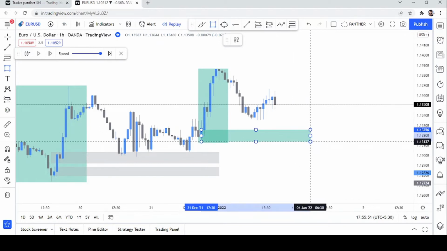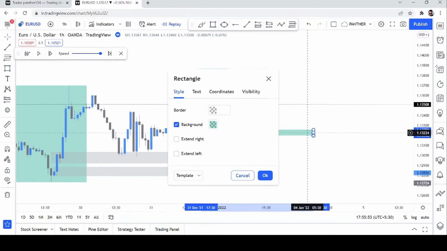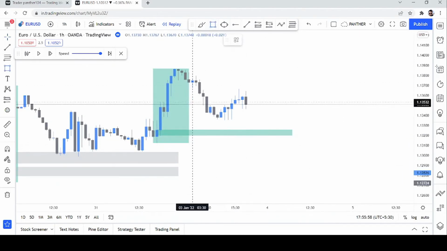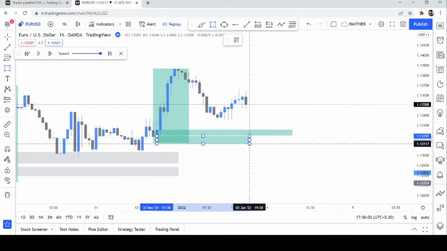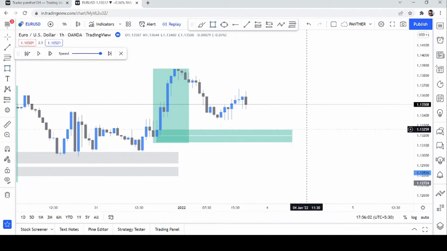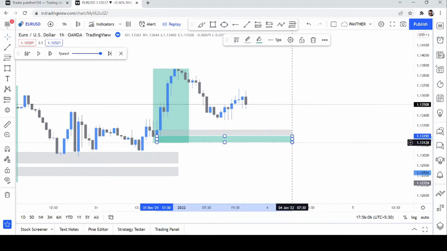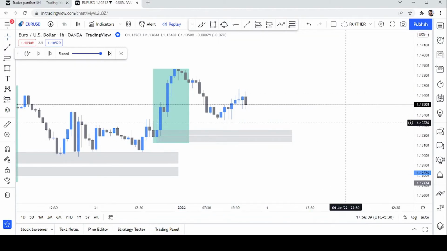Or you could take this whole wick, but for me, I'm gonna stick to this. And let's see. Yeah, you can take another, just this wick. So let's change the color of this box to this.